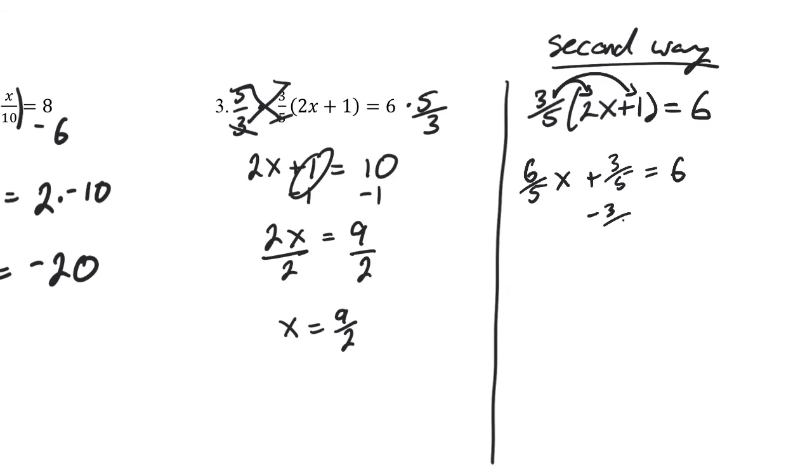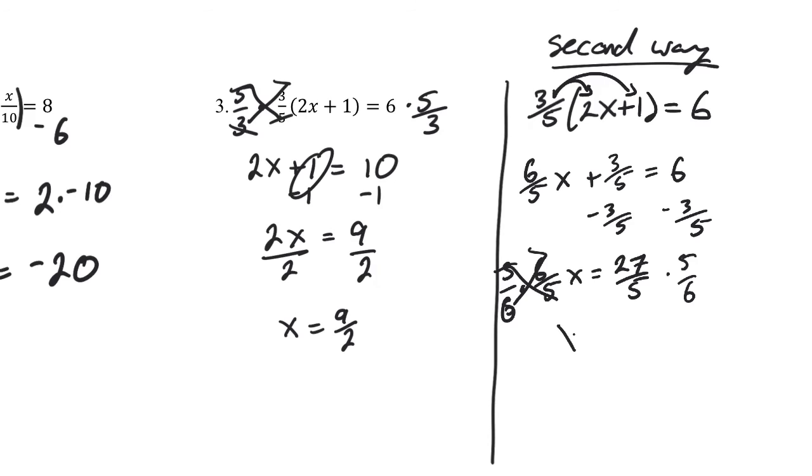So we're going to subtract 3/5 from both sides. You're going to want to use your calculator for this, unless you're very comfortable with fractions. And we're going to get 6/5 x equals 27/5. Then we're going to multiply by the reciprocal here, 5/6 times 6/5, so that cancels to 1, left with just x equals.